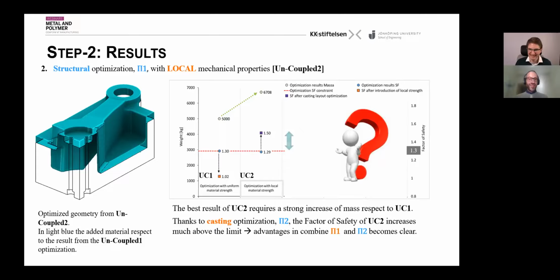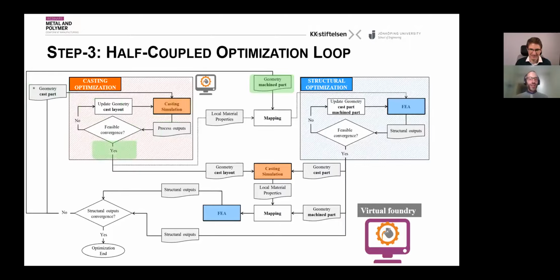Yeah, and instead, starting from this, we discussed it and we said, okay, we don't need to think thicker, we need to think smarter. And this is why we get this kind of approach, what we call the coupled optimization loop, where we also introduce the optimization of the casting process.